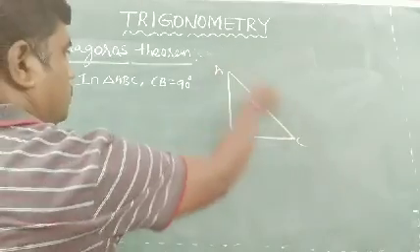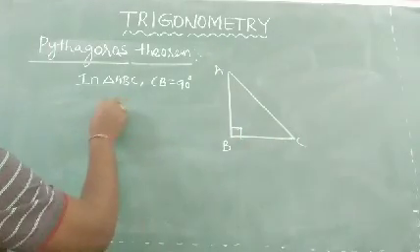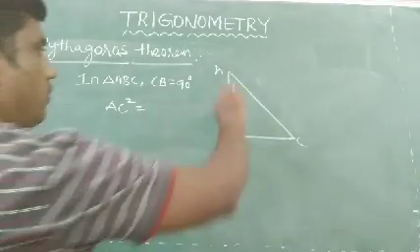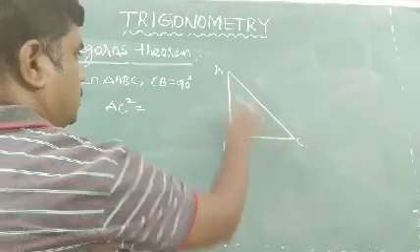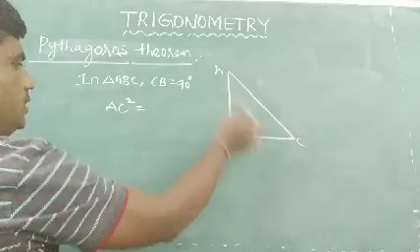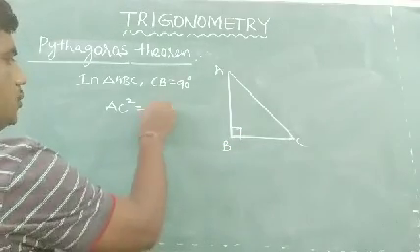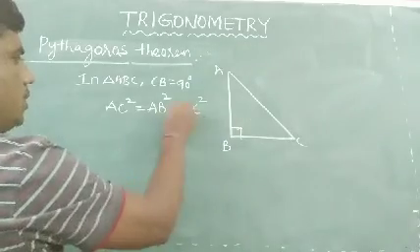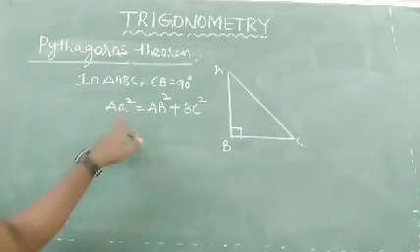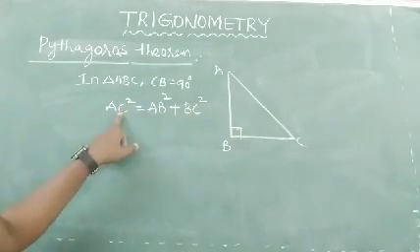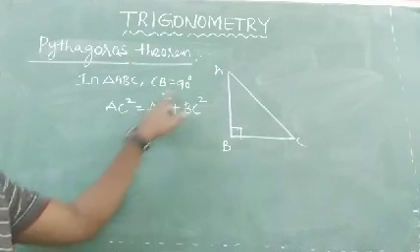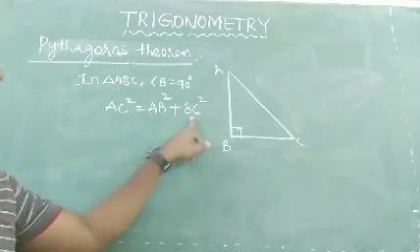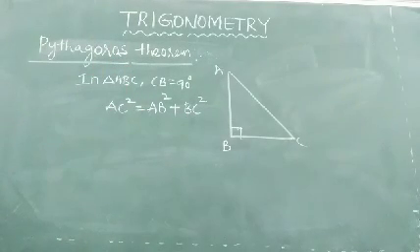Here the square of the hypotenuse means AC square, and the remaining two sides are AB and BC. So AB square and BC square, and sum means we have to add. So this is known as the Pythagoras theorem.